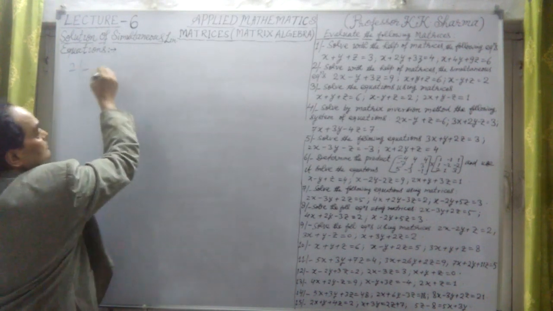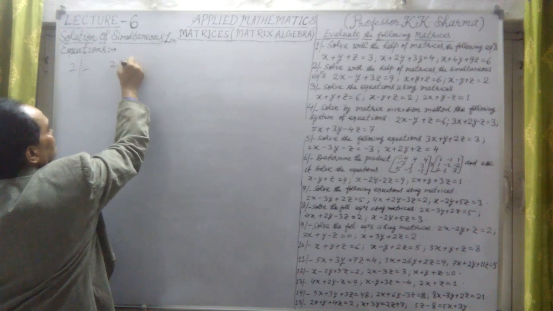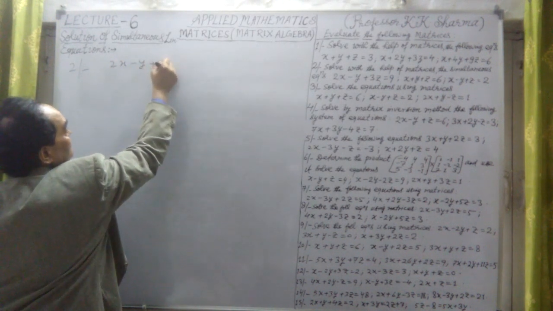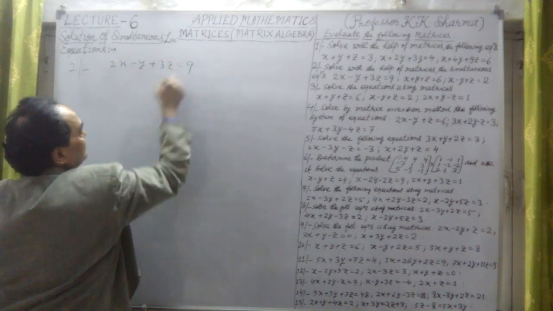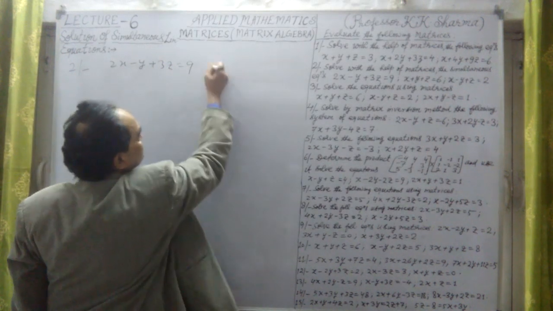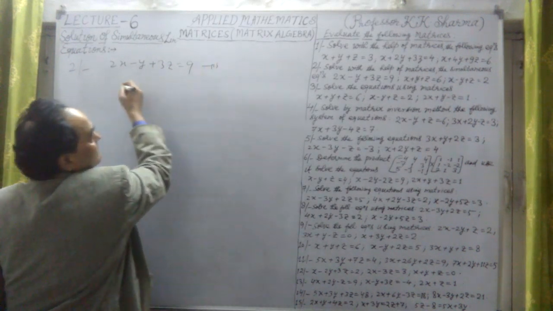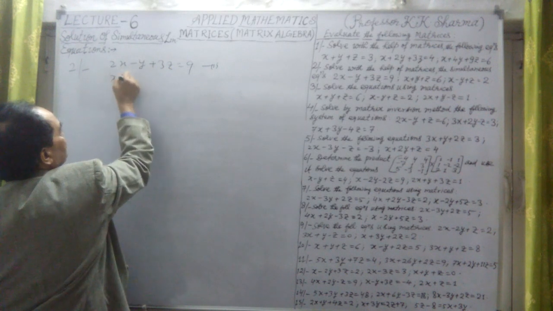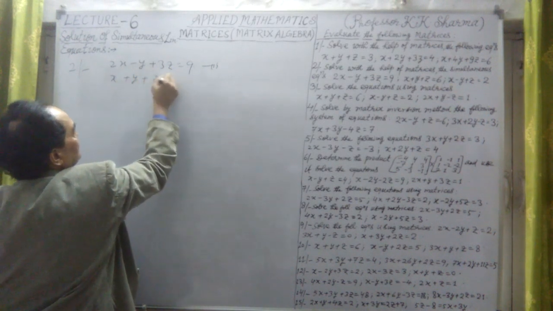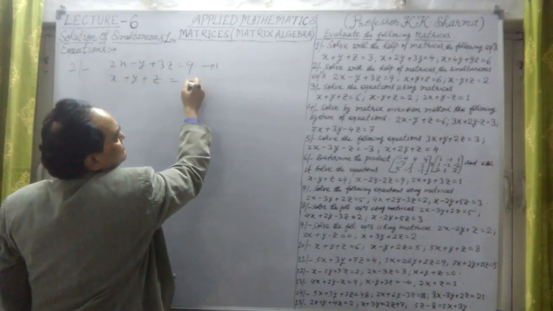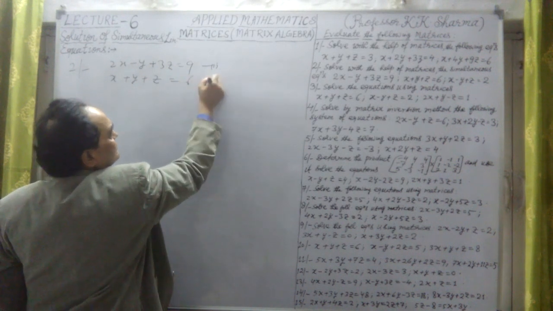Again, the second question: twice x minus y plus 3z equal to 9. First equation. Then x plus y plus z equal to 6. Second equation.